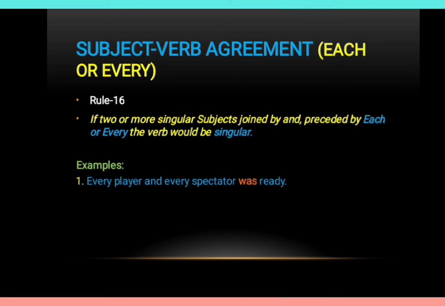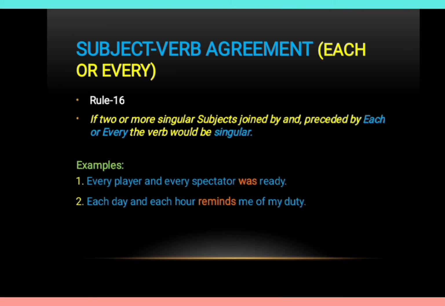The first example is: every player and every spectator was ready. Every player is a singular noun, and every spectator is also a singular noun, and we use the singular verb "was" according to our statement, because they are preceded by every.